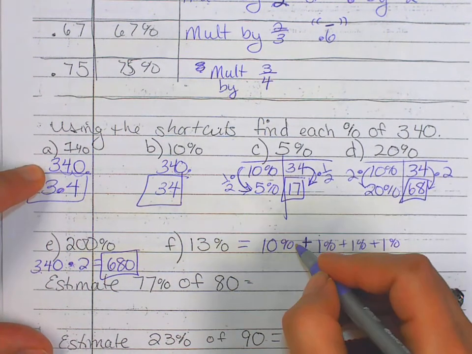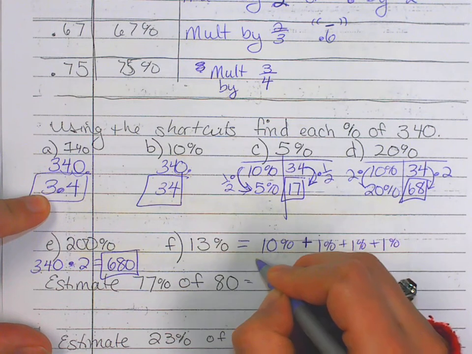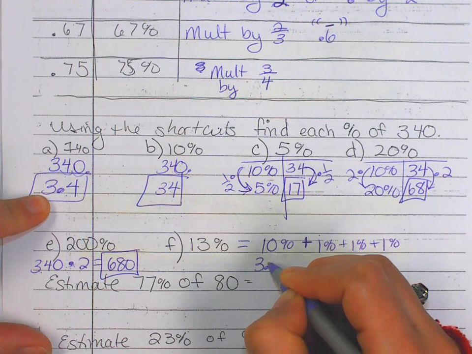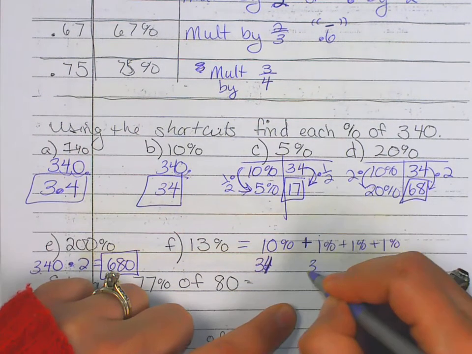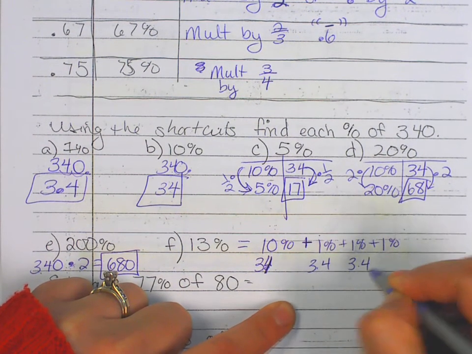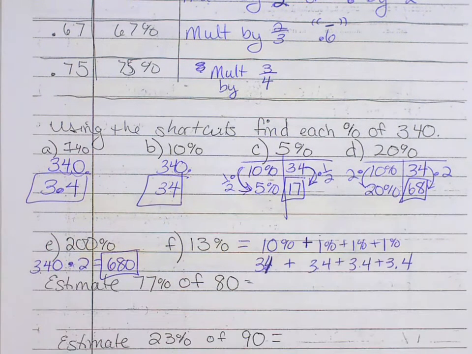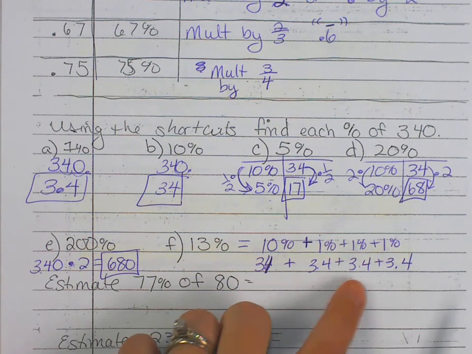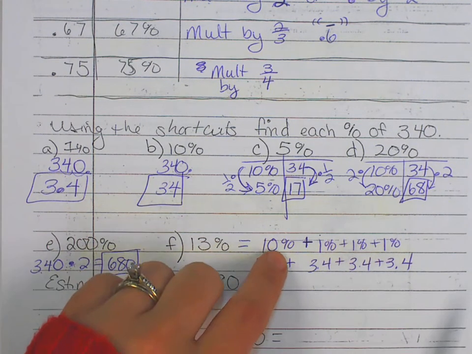10% moves the decimal left 1 place. So that's 3.4, right? Oh no, 34. 10% was 34 and 1% was 3.4. And then we add it up and we get, let's see, 3, 3, and 3. 3, 6, 9, 10, 11, 12, 13.